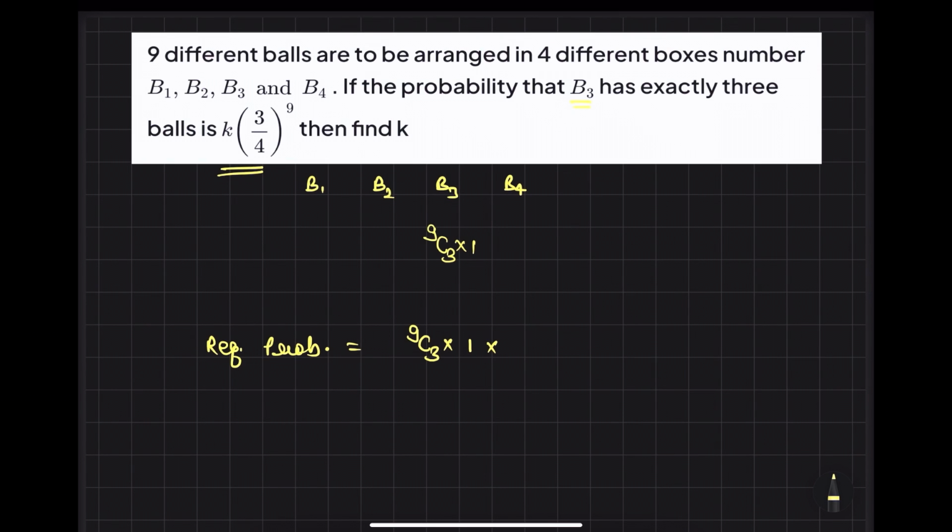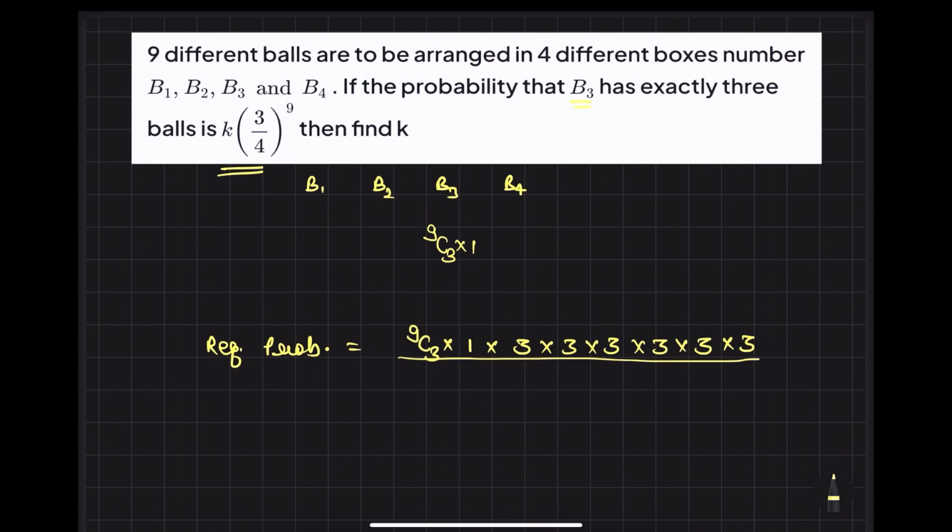Now the first of the remaining balls can be put into B1, B2, or B4, so 3 choices. Second ball, 3 choices. Third ball, 3 choices. Fourth, 3 choices. Fifth, 3 choices. Sixth, 3 choices. Okay, so this is the idea.